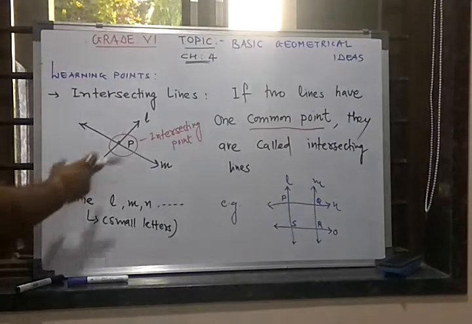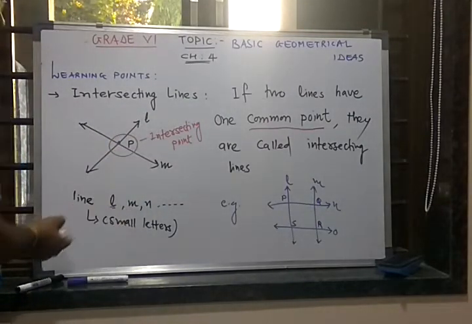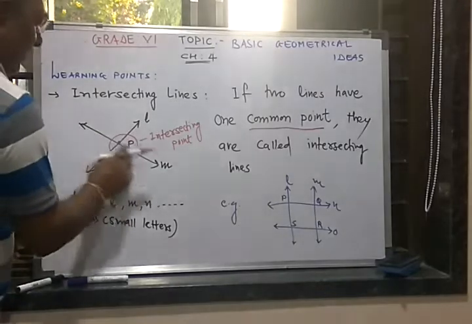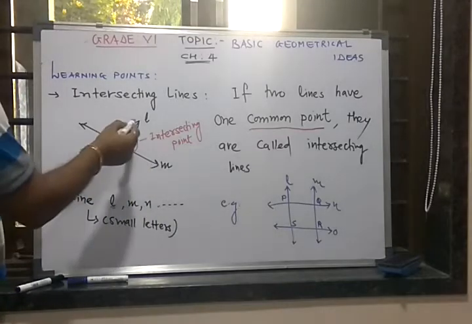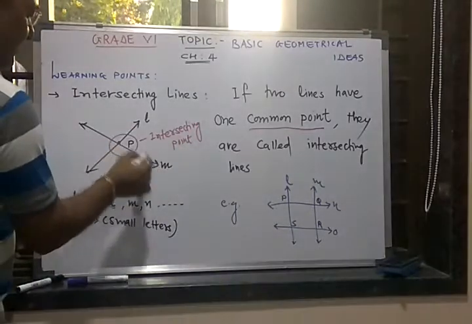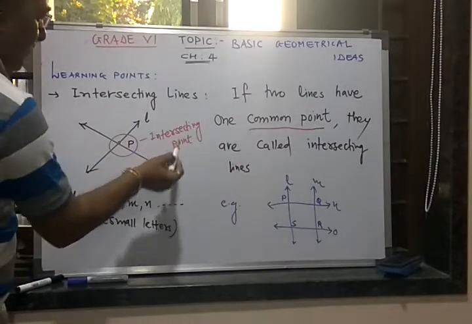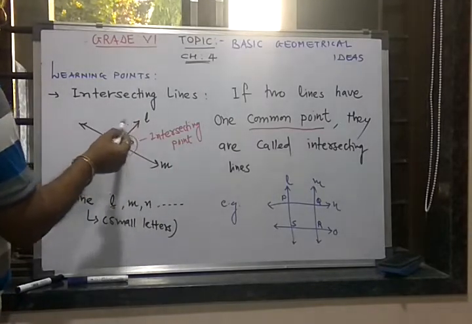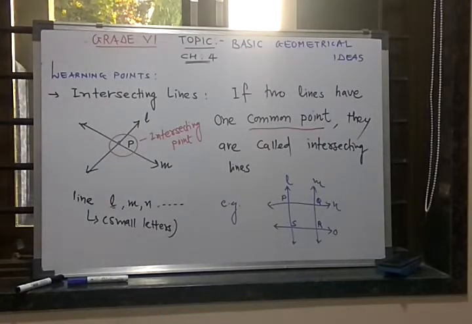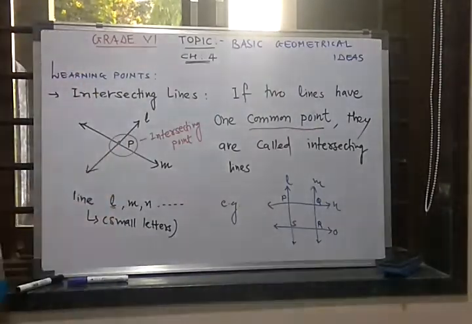You see, say line l, and another line m, they intersect at one common point, say P. This is the intersecting point. If two lines have one common point, they are called intersecting lines. They have only one common point.